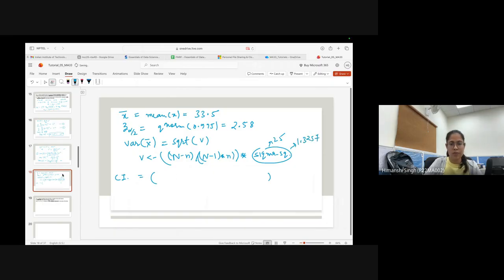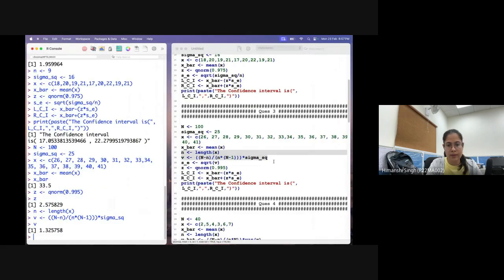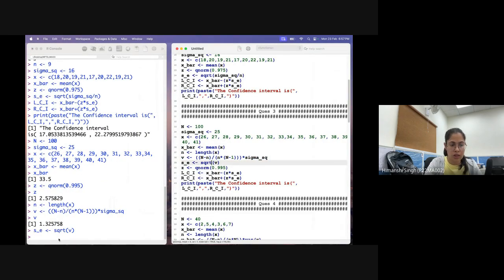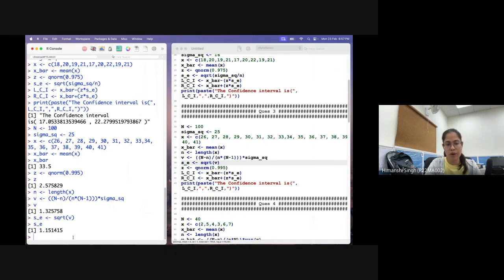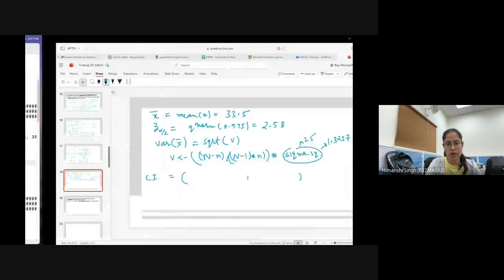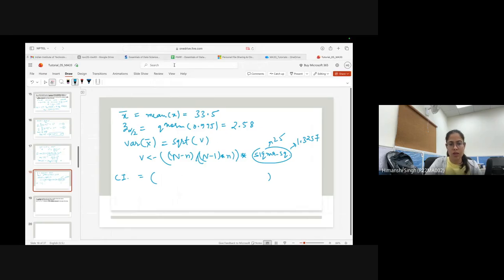Then we have the square root of it. So that is the standard error, the standard deviation. The square root of this is coming out to be 1.151.